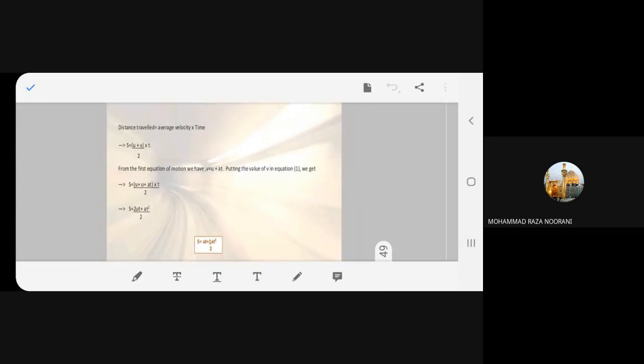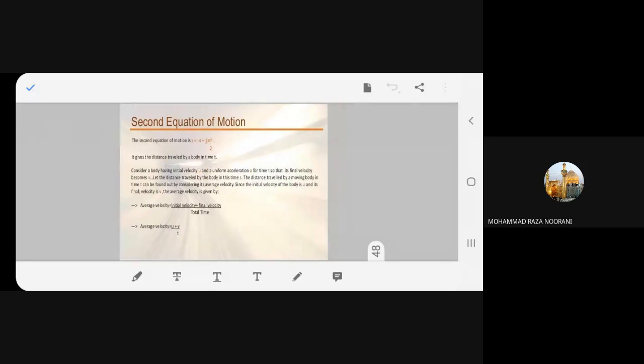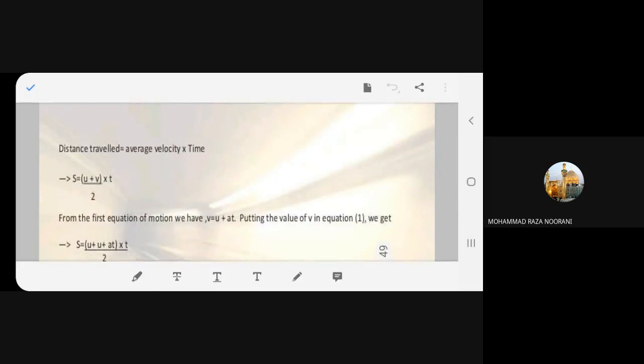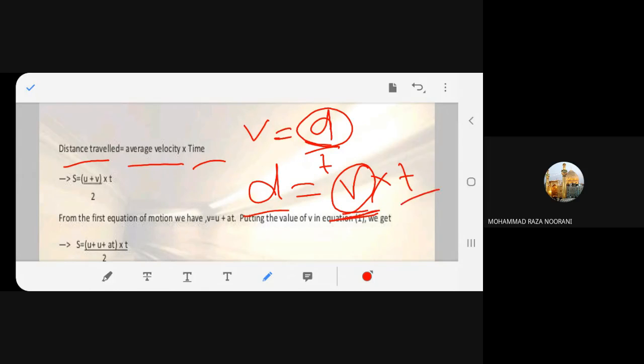So what will be the distance traveled? Velocity is equal to distance upon time, isn't it? So distance is equal to velocity into time. Same way, instead of velocity, we will write average velocity. Got my point?